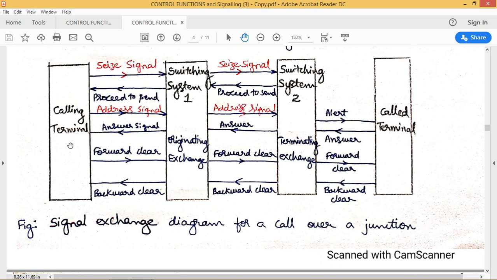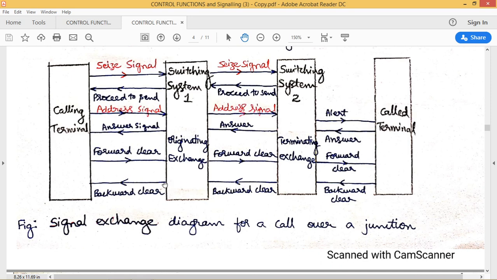After the conversation is complete, let us assume the calling person is closing, or terminating, the call. Once he terminates, the forward clear signal is sent to the originating exchange, and again this clear signal is forwarded to the called person. In reply to this forward clear signal, he sends back the backward clear signal.